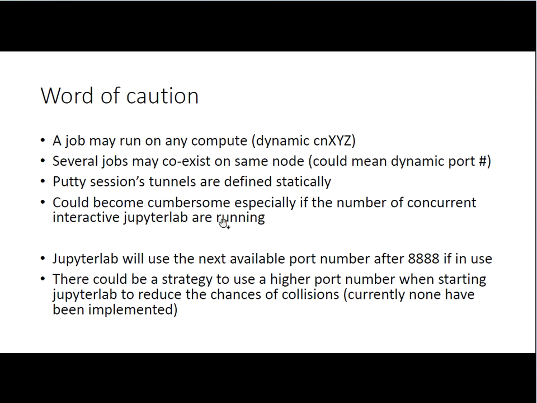JupyterLab, I mentioned this already, is designed in a way that it will automatically try the next port number if this were to be already used. But then again, as I mentioned, the port would be dynamic, so you would have to edit your tunnels to match.